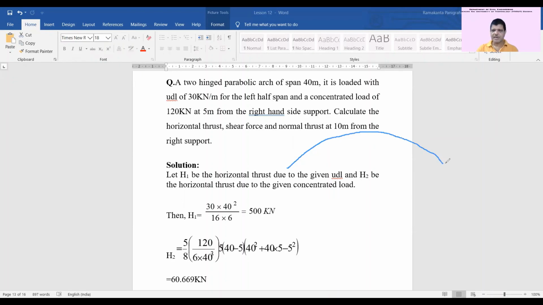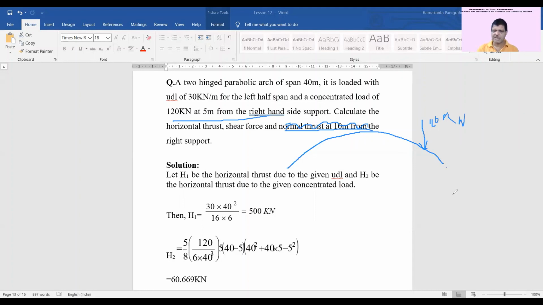Now you have a UDL on the left half. So you have a UDL from here to here. In the left half, you have the UDL, which is equal to 30 kilonewton per meter. In addition to this, there is a concentrated load of 120 kilonewton from the right hand side. So 120 kilonewton load is here.